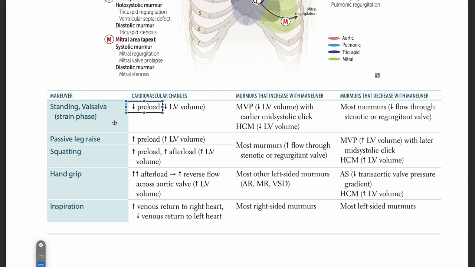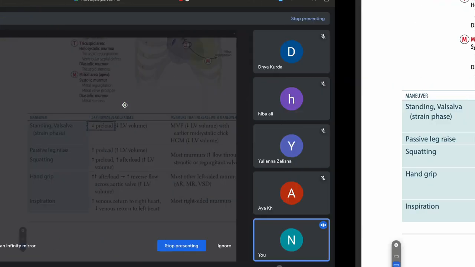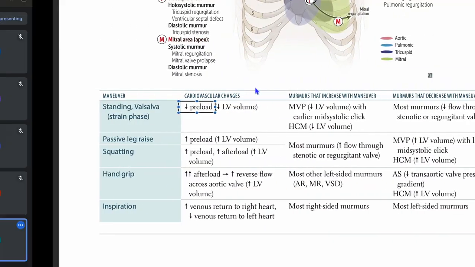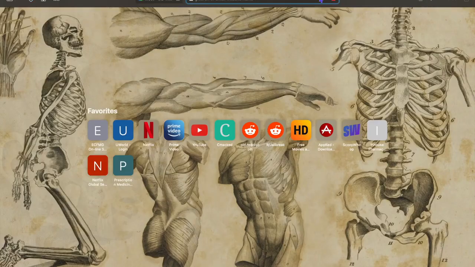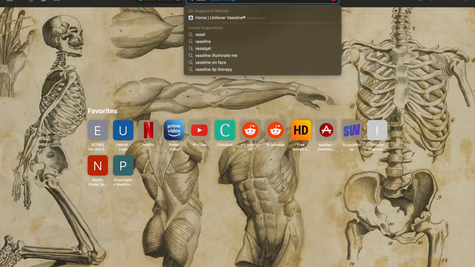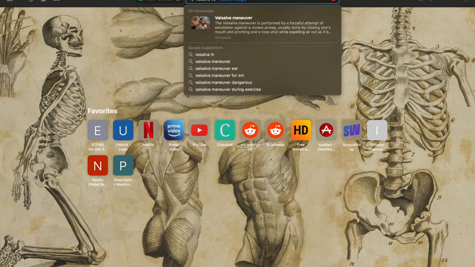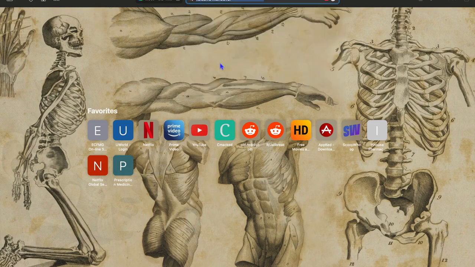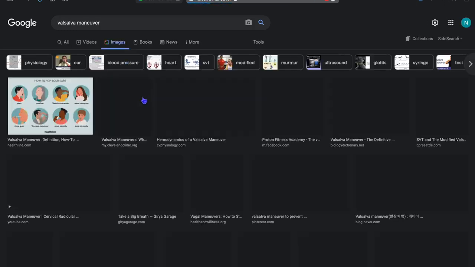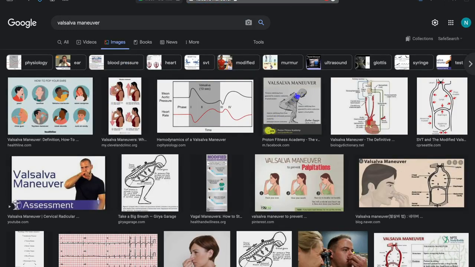Okay. For the Valsalva maneuver, the strain phase, that's when you're pushing in like this guy, right?